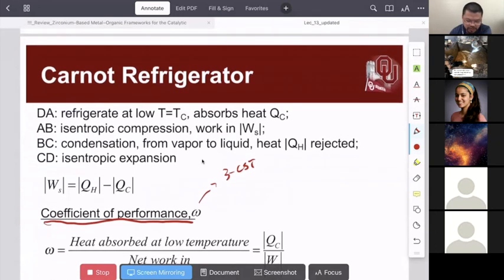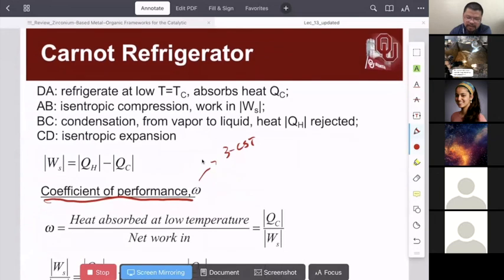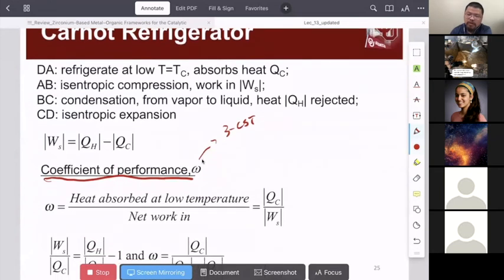So here, if we try to define the coefficient or the efficiency, we're always interested in the input and the desired output. So the actual input we have to put in is the shaft work, and the desired output is how much heat we are going to absorb from the lower temperature. So that is the purpose of using the refrigerator to lower the temperature of the object.